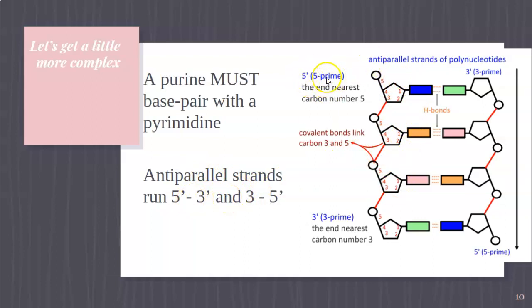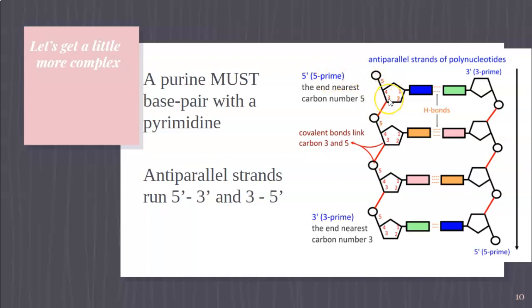The reason that we call it 5' is because that is the end that's nearest the 5th carbon in the sugar. So the 5th carbon is at the upper point of the pentagon. And you can also see that it's connected to the phosphate. So this 5th point is the end of this little piece of DNA that we're looking at. So this is the 5' end.